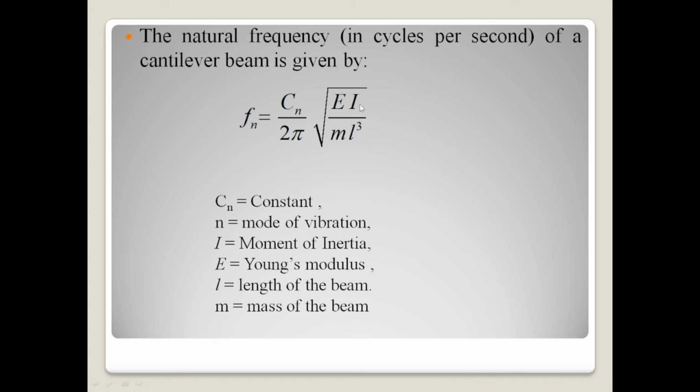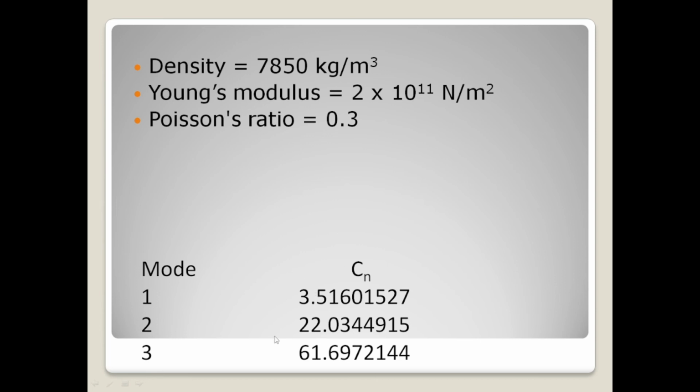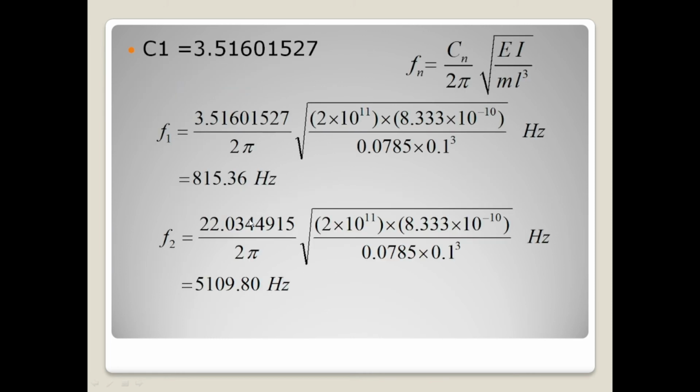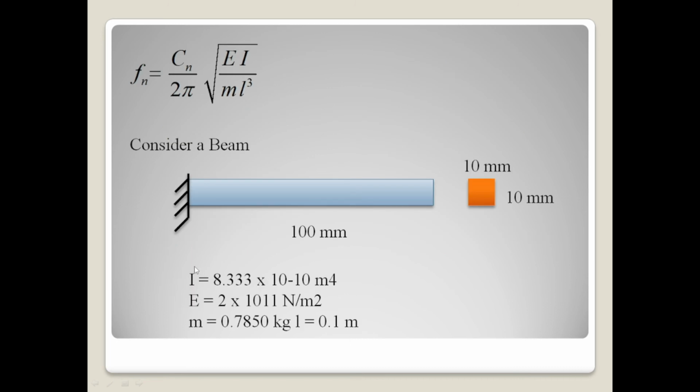E is Young's modulus, I is the moment of inertia, m is the mass of the beam, L is the length of the beam. Since these are constant values, we have to choose them to get the natural frequency. I have calculated the values of I, E, m, everything.